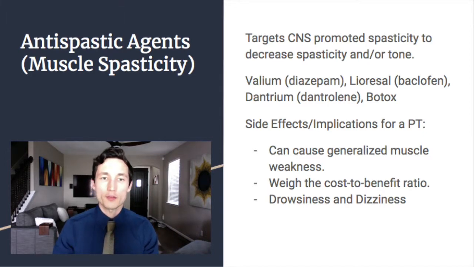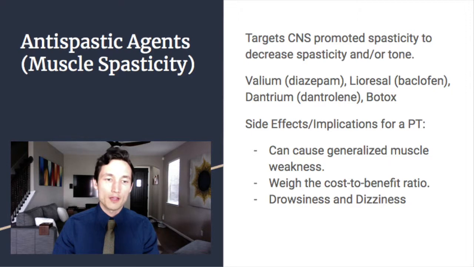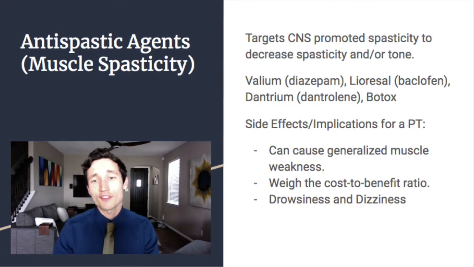So medications can be like Valium, which is diazepam, Lioresal, which is baclofen, Dantrium or dantrolene, and then there's the common Botox.